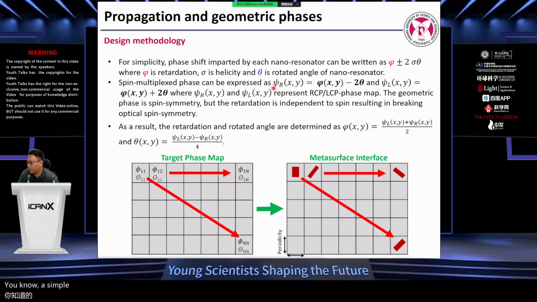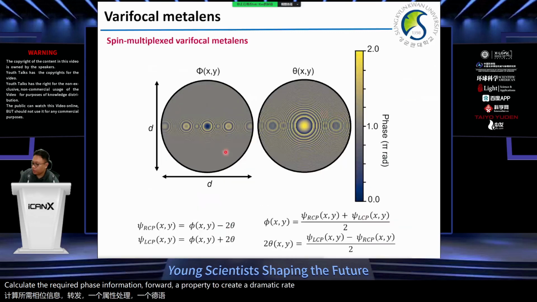Simply speaking, we need two different phase maps, for instance, here psi r and psi l, and here we have 2 degrees of freedom, propagation phase and geometric phase. So we can calculate the required phase information for propagation phase and geometric phase. And this is the calculated result.